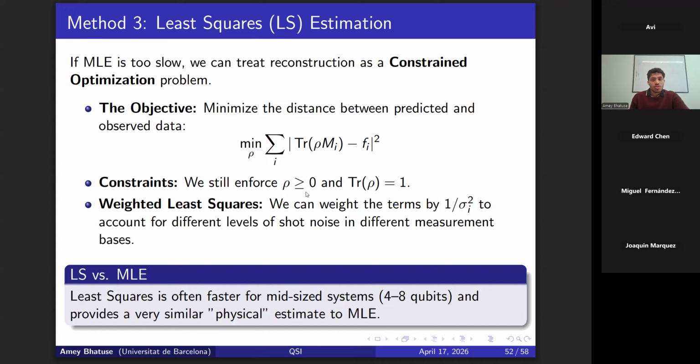As we said, we can do this as an SDP, and we can add more things, like weighted least squares, where you weight the terms by something like this to account for different levels of shot noise. Least squares basically offers a faster solution for smaller systems like 4 to 8 qubits, and gives a very similar physical estimate.